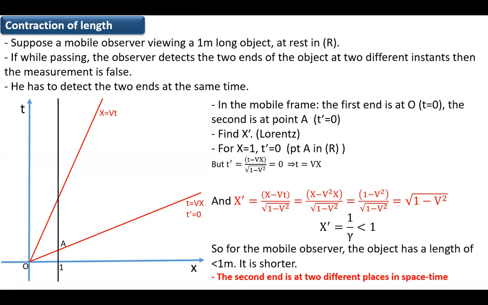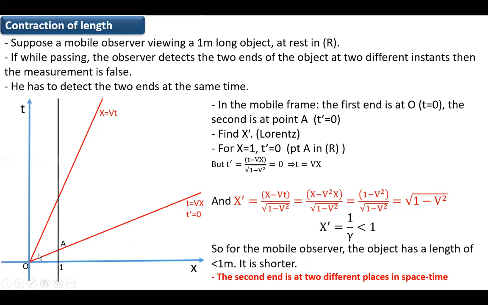You have a mobile observer that is moving with a speed v. So if you have a frame attached to this observer, this frame would be these two red lines. So t equals vx, which corresponds to the x prime axis, and x equals vt, which corresponds to the t prime axis, which are tilted with respect to x and t, as we saw in the synchronization of clocks.